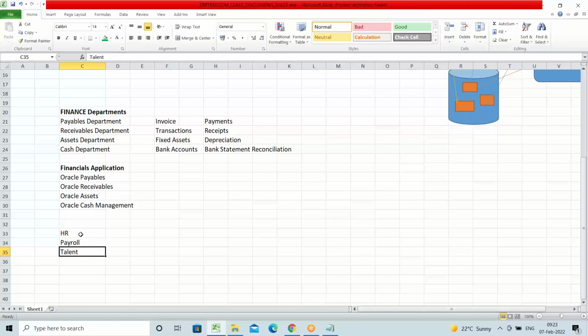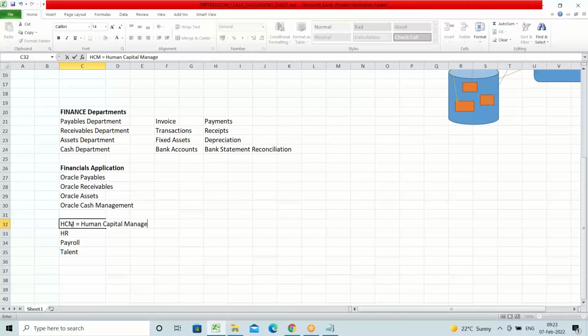That's how Oracle is providing them. These are all applications to deal with the people. That is the reason we call all these applications HCM applications, meaning Human Capital Management applications. So, to deal with the people, there is Oracle HR, the human resource application, and the Oracle payroll application.